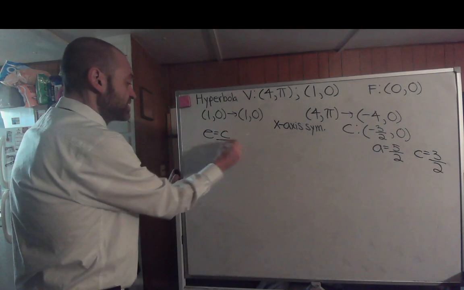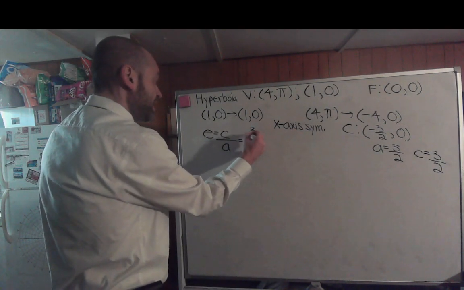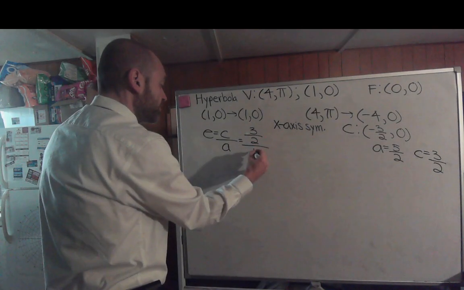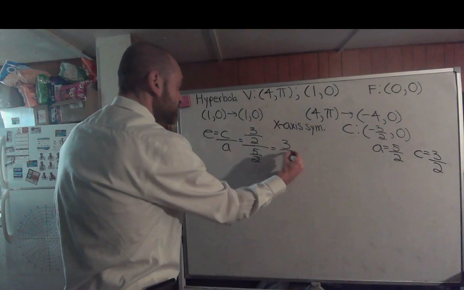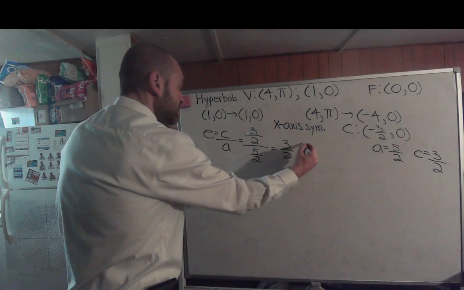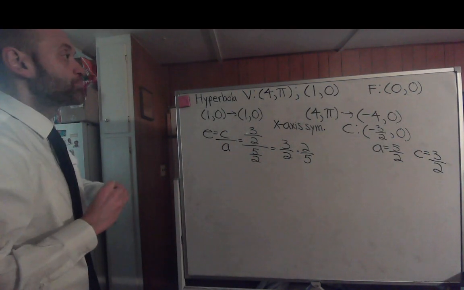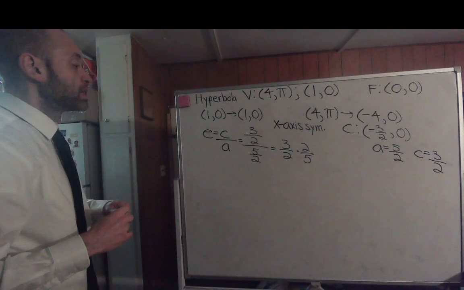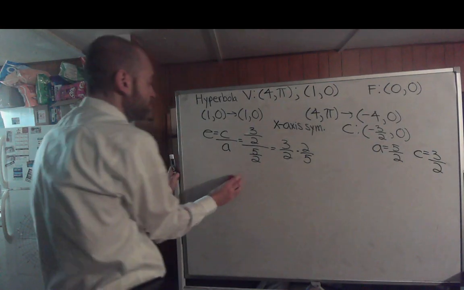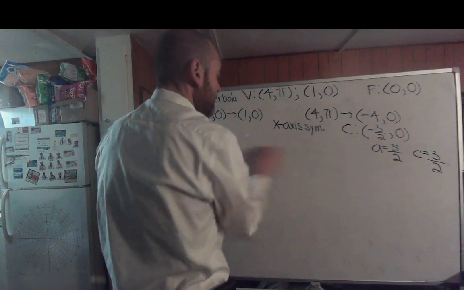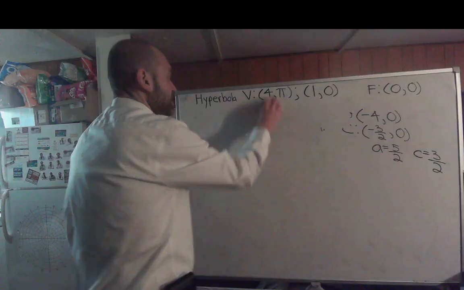That, of course, is c over a, which would give you 3/2 over 5/2, which is 3 over 2 times 2 over 5. Well, that didn't work out, because you're going to get the eccentricity being less than 1. I kind of made up this example, so let's do a better example if you don't mind.